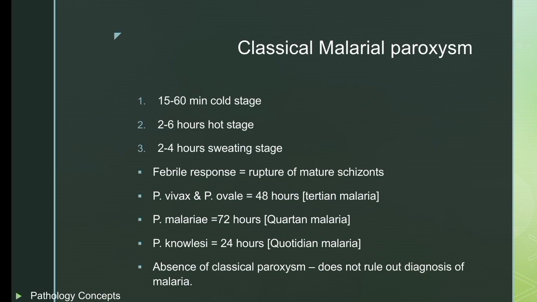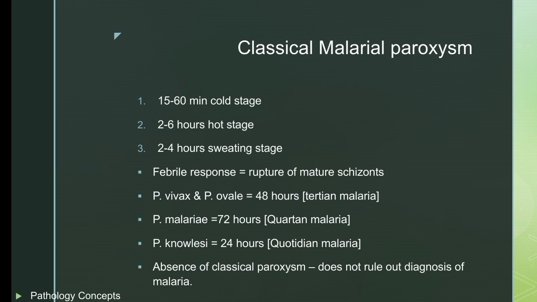Second is a 2 to 6 hour hot stage. There is a fever reaching 41 degrees centigrade. Flushing, dry skin with nausea and vomiting is seen. Third is a 2 to 4 hour sweating stage, during which the fever drops rapidly and the patient sweats.